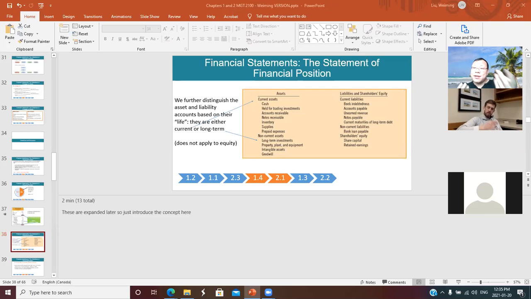So if the male bird is a current asset, which asset account does it belong to? I introduced a couple of current asset accounts. Remember? Which account does the male bird belong to on the statement of financial position? Is it accounts receivable? Prepaid expenses?